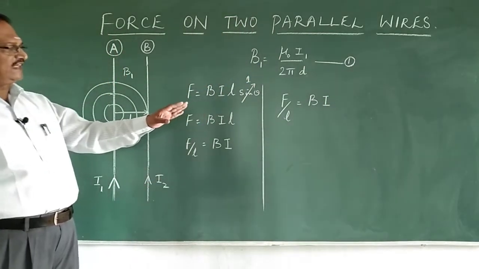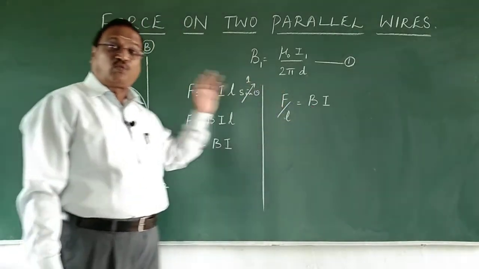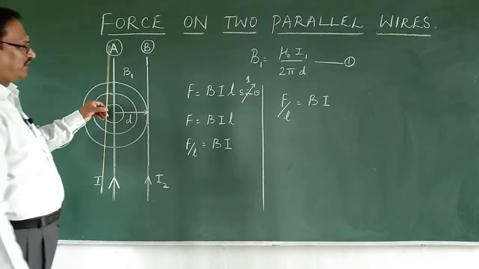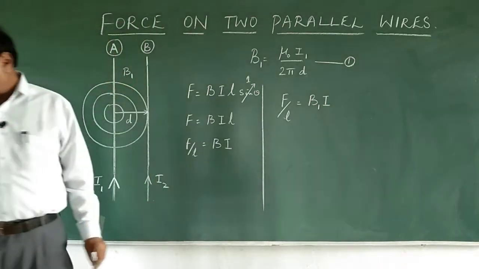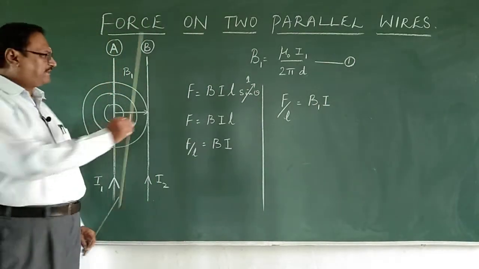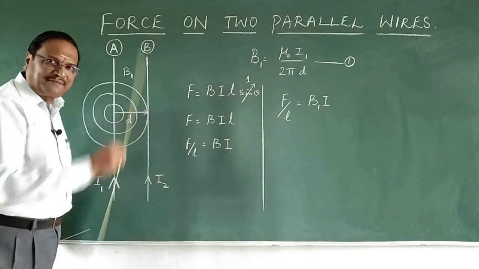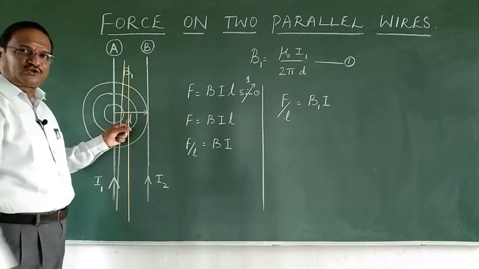Force per unit length is equal to B, magnetic field due to what? Which one is producing? The first wire is producing. So B1. Now, if the second wire is a plain wire, with no current flowing through, nothing will happen. Now in this wire, a current I2 is flowing through.